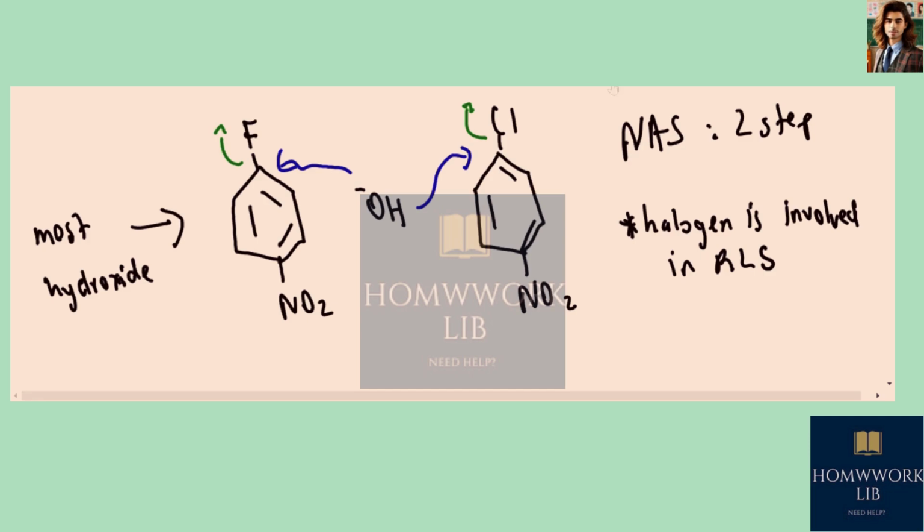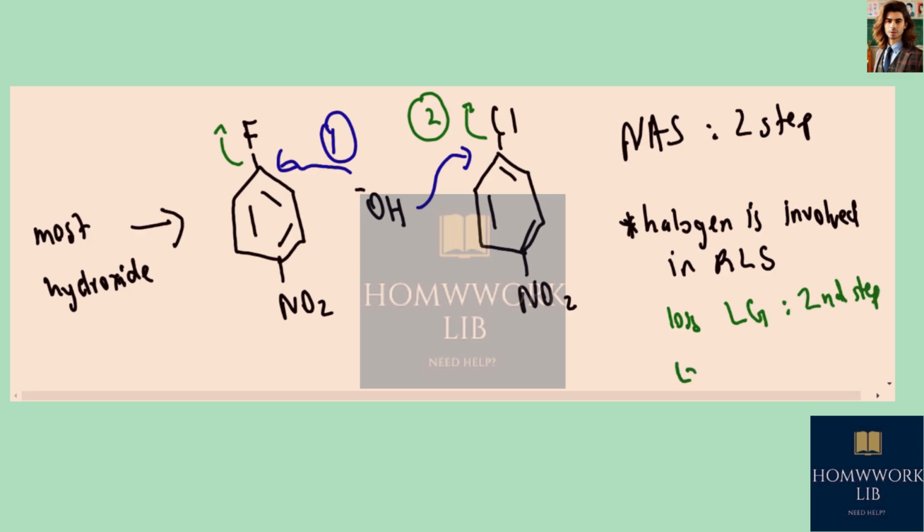As you can see here, step number 1 is hydroxide attack, and step number 2 is loss of the leaving group. What that's telling us then is that the part where the halogen is involved really is in its loss, which is actually the second step.